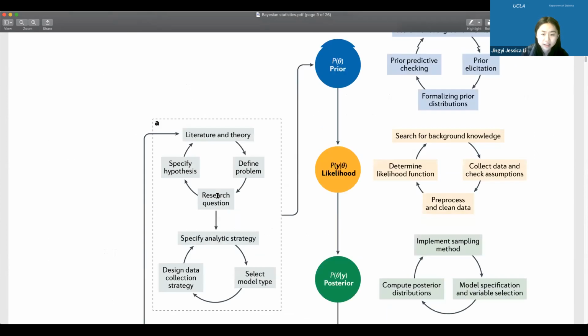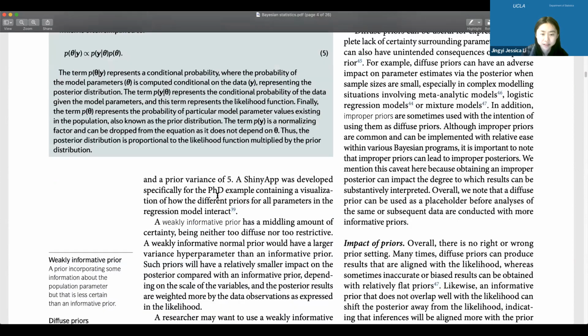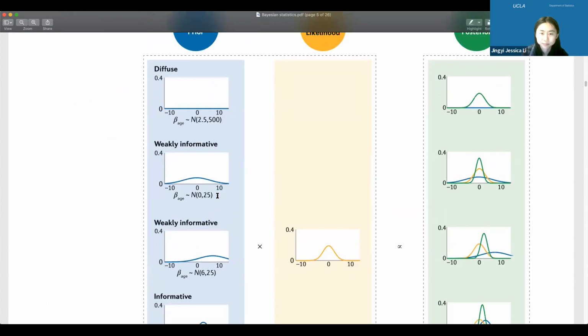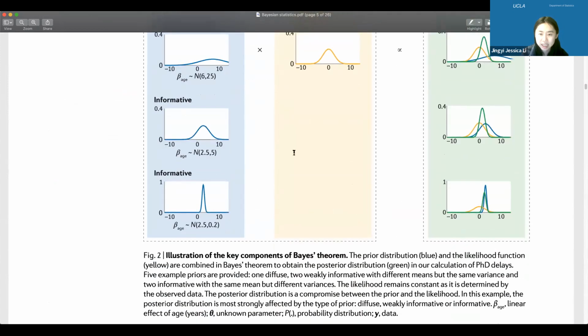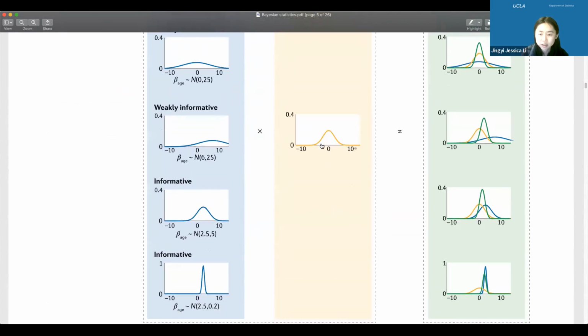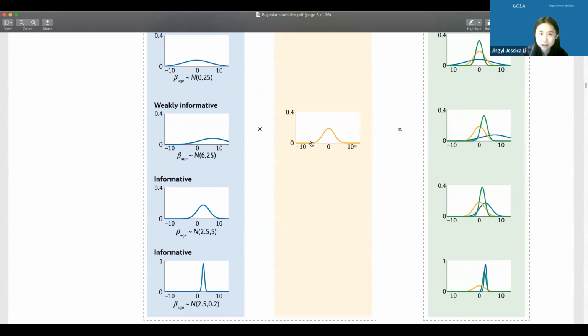A topic I want to briefly point out for this paper is the informativeness of priors. Let's take a look at this very informative figure right here. This is the likelihood in the middle, the likelihood of that beta age parameter.